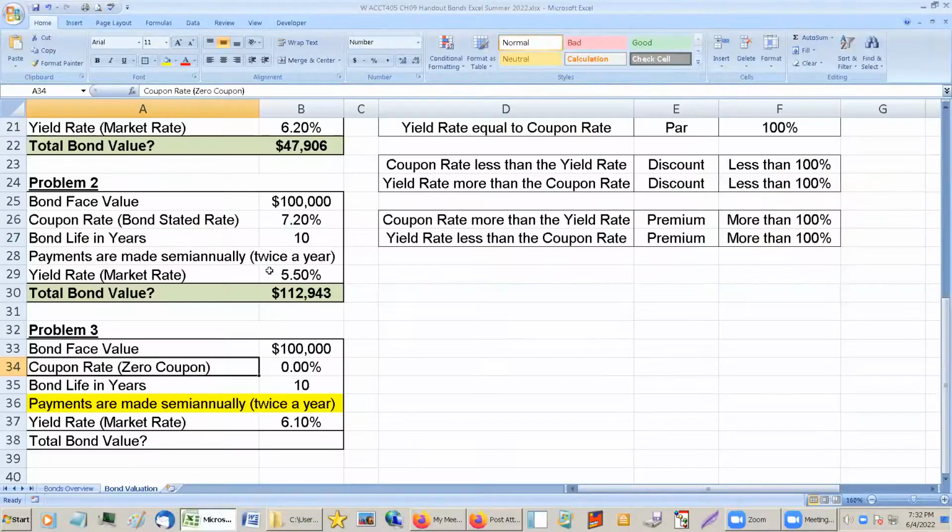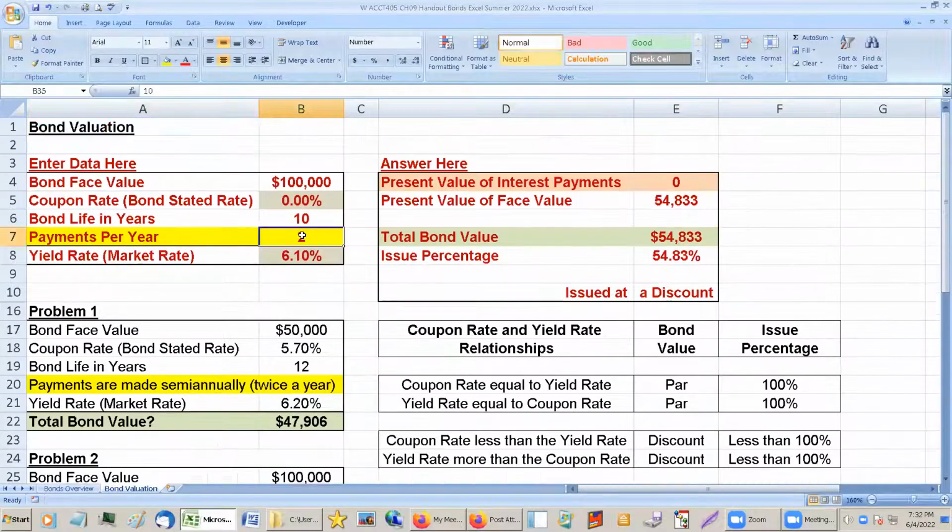And so be careful on that, because I think one of the homework problems asked about it being 0, but it said it's semi-annual. So make sure if it is semi-annual, you put that in. And I'll show you kind of why here. If this was only for a 1-year period, it'll change this amount. Doesn't change it a lot, but it changes it a little.